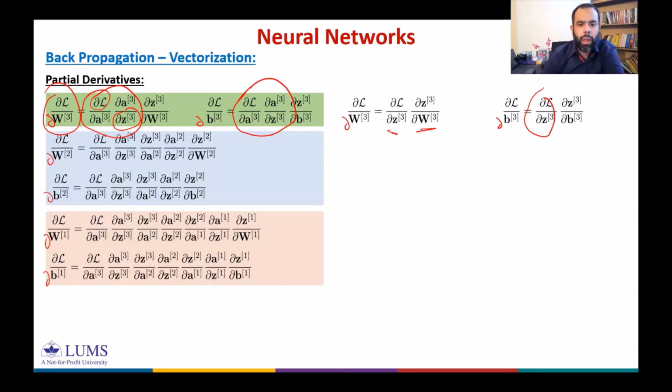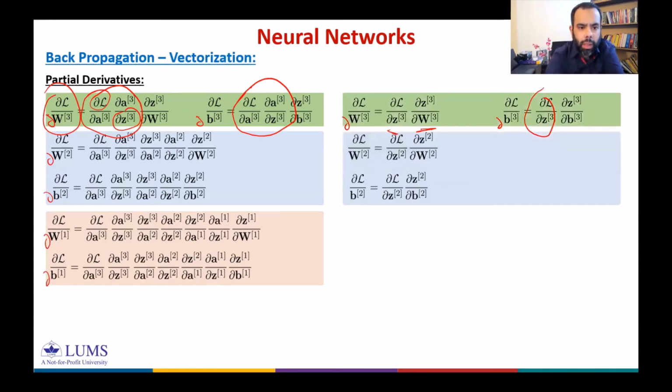Similarly, I can compactly represent these partial derivatives. The first four derivatives correspond to the partial derivative of the loss function with respect to Z2. How do you interpret this? I'm taking the derivative of the loss function with respect to the pre-activation output of the layer under consideration.